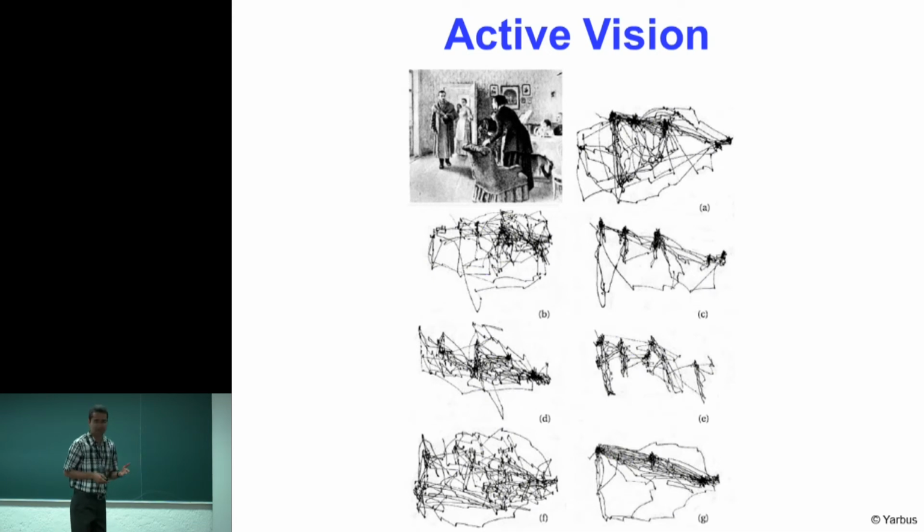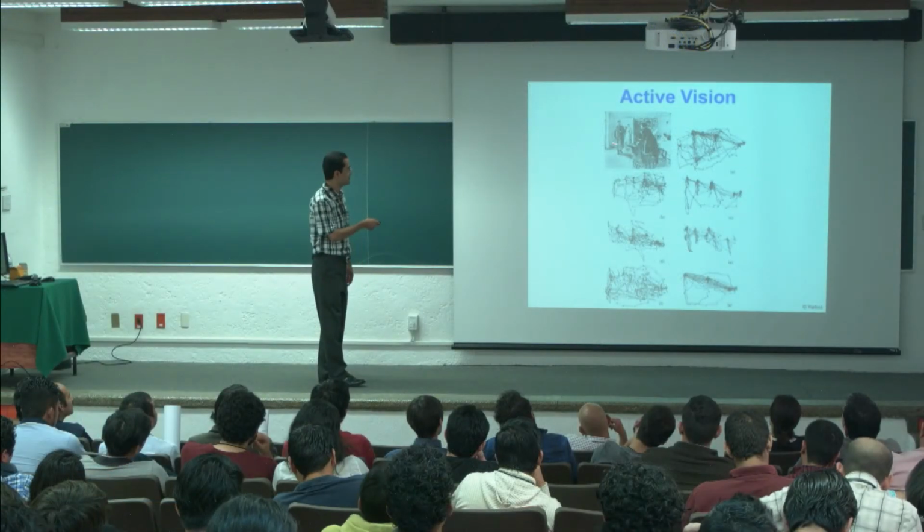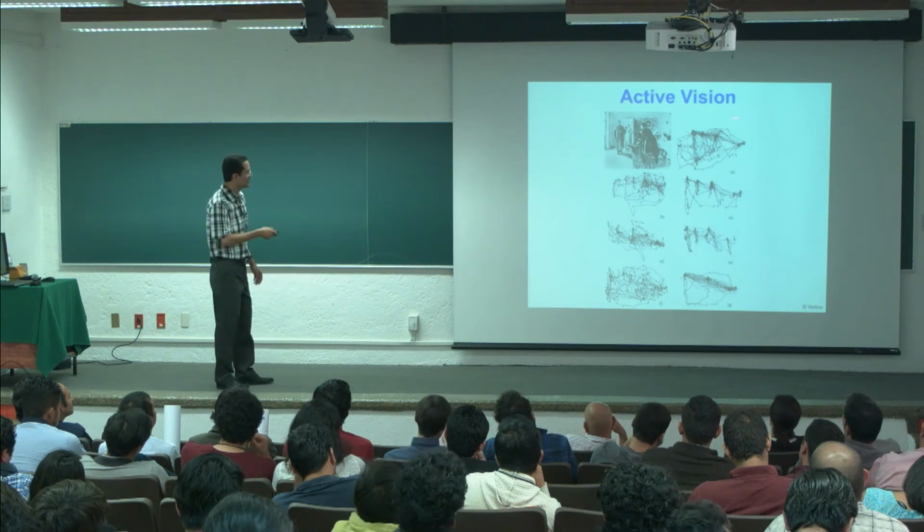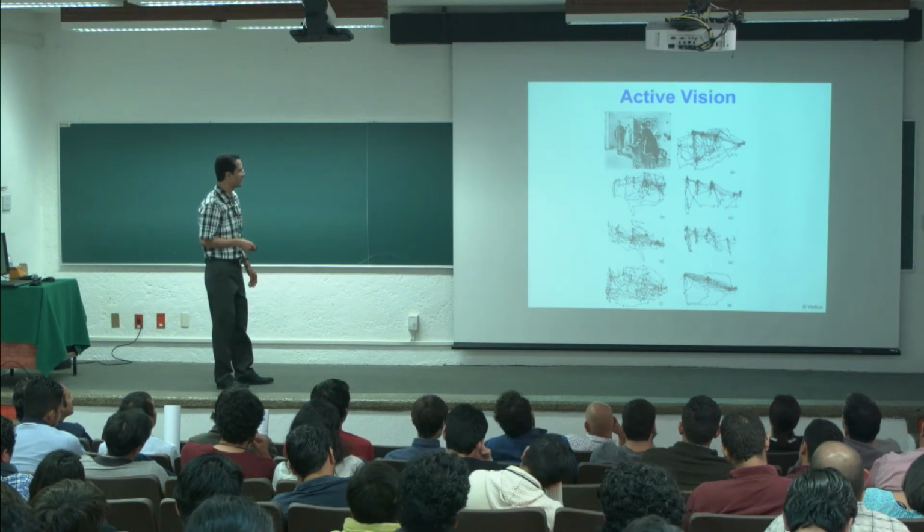There are several experiments, starting with this one from a Russian scientist, where they have this picture. They show this picture to some people and ask different questions about it. For example, they ask the subjects what they think about the ages of the people in the picture. Depending on the questions, the subjects showed different patterns of gaze movements.